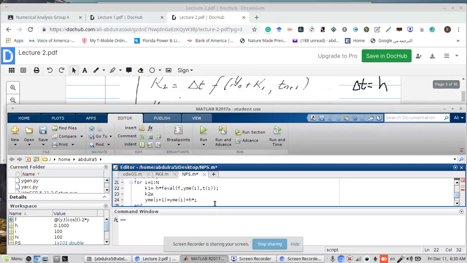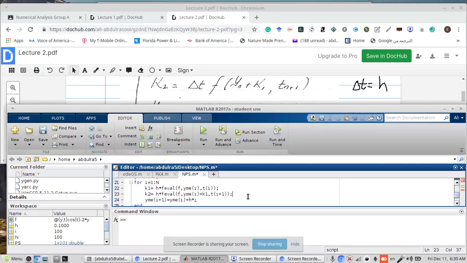K2 is H or delta T times F. F here is not explicit, so there should be some improvement here. Plus K1, and n plus 1.